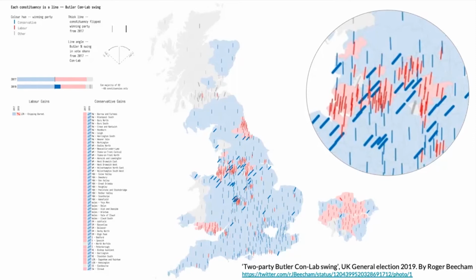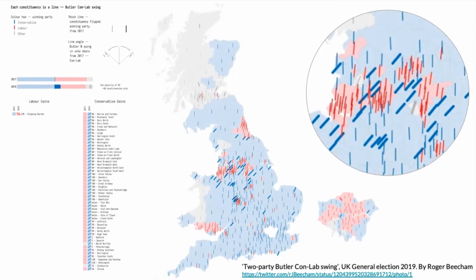In this map, Roger Beecham, who created it, has fit a lot of different aspects of the election data onto this map all at once. He's used a line for every constituency. He's used the color of the line to communicate which was the winning party: was it Conservative, Labour or other? He's used the thickness of the line to communicate whether the constituency flipped or not from the last election.